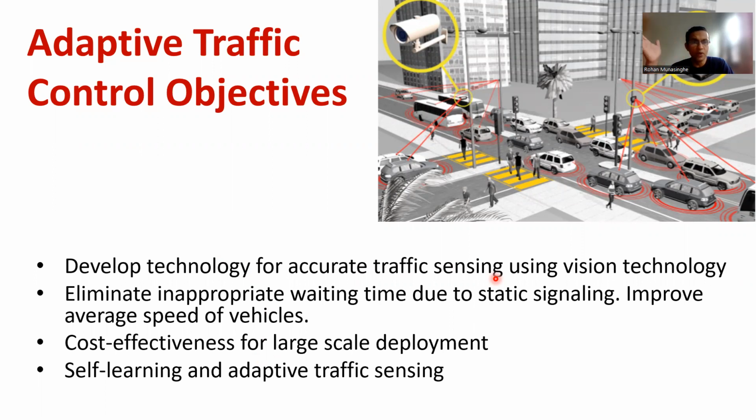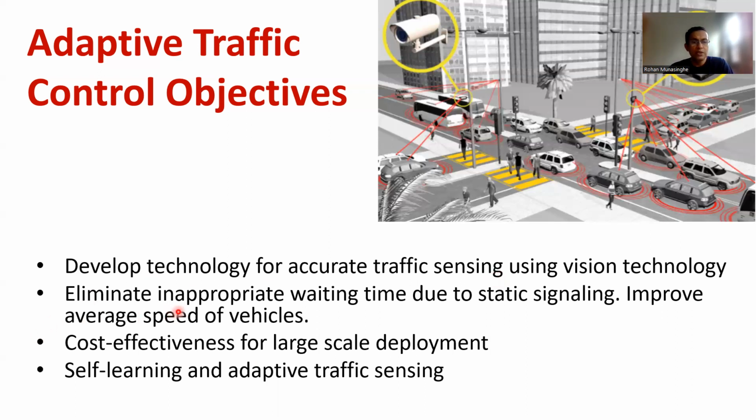This is not an offline thing where you collect data, go home and put it into a computer and analyze. No. This has to be real time, which means the moment you capture the image, the traffic level should be available to you within a second maybe, and then you control your timing. So we have to develop the technology for that.